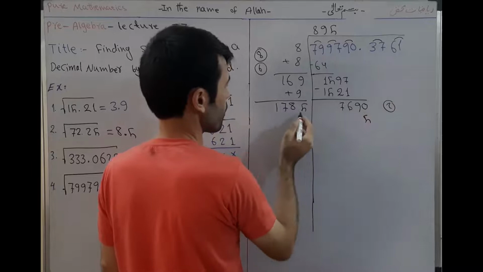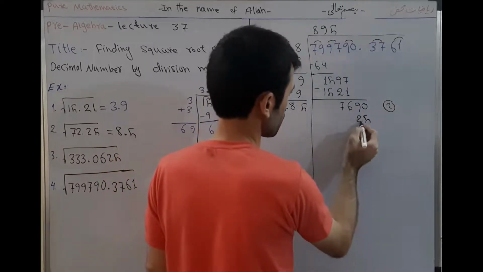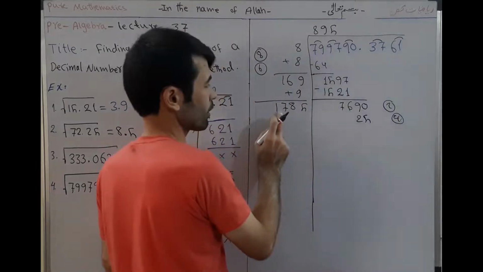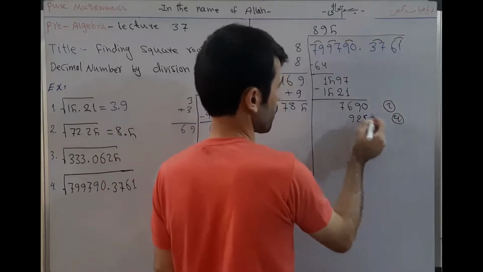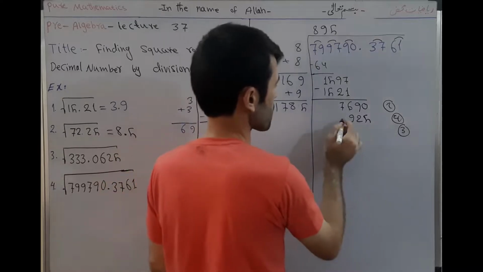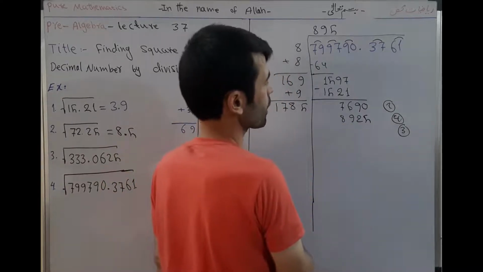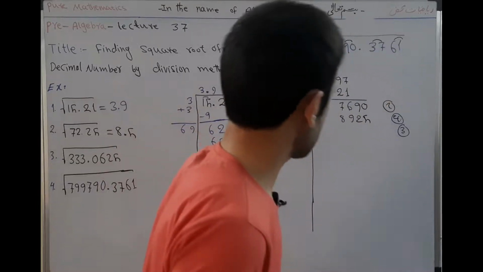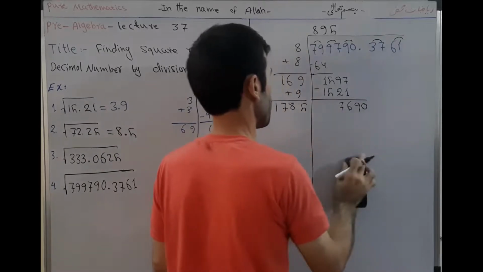Carry 2. 5 multiplied by 8 is 40. 40 plus 2 is 42. Carry 4. 5 multiplied by 7 is 35. 35 plus 4 is 39. Carry 3. 5 multiplied by 1 is 5. 5 plus 3 is 8,925. It is greater than 7,000. So we have to write 4 here, not 5.